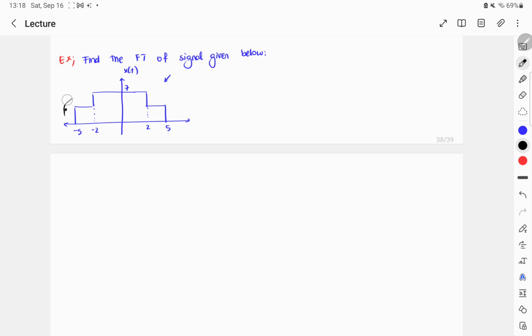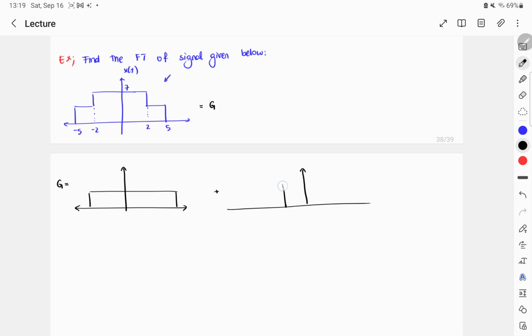It does not work like this, because this graph is actually an addition of two other graphs, which are, let me write here, one of this one plus one of this one, where here we have minus 2, 2, and 3 here, and here we have minus 5, 5, and 4 here.